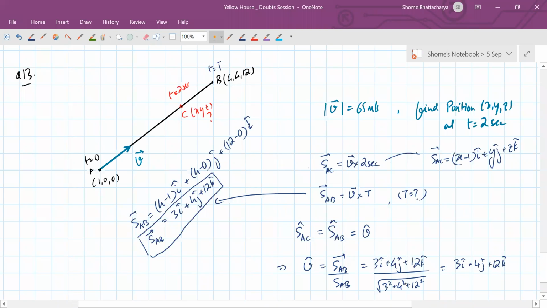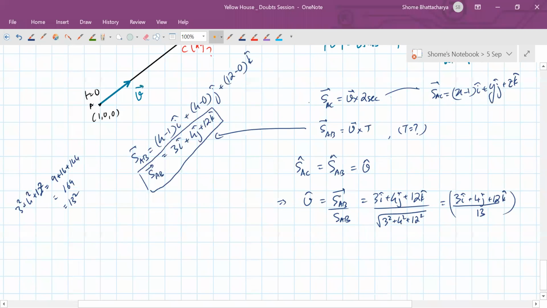If you do this calculation, 3 square plus 4 square plus 12 square is 9 plus 16 plus 144, so that becomes 169, which is 13 square. Okay, so you know that this will be 13. So this is the unit vector of velocity, the same thing as the unit vector of the displacement AB.